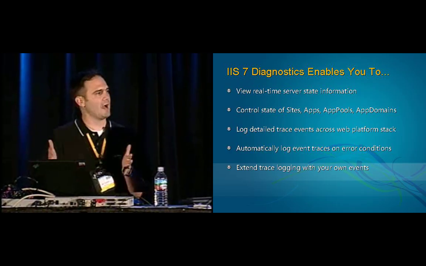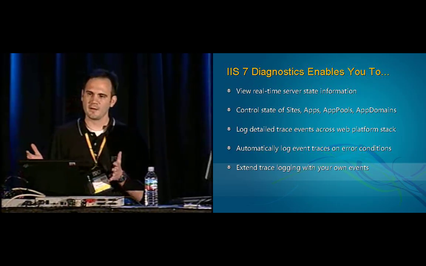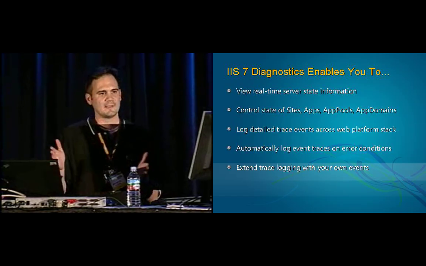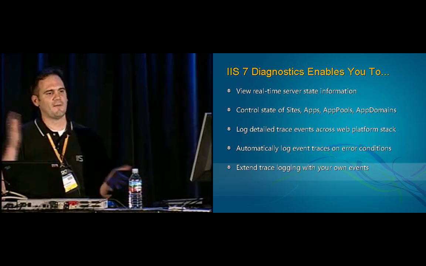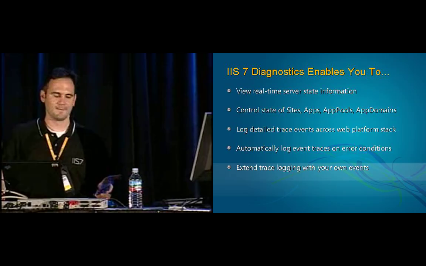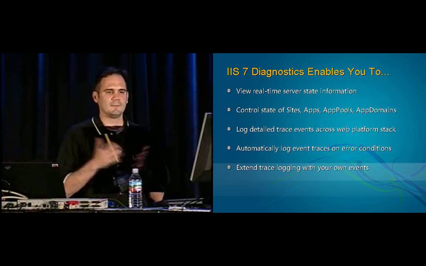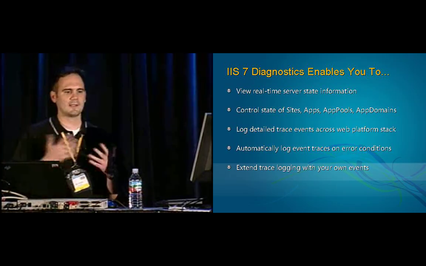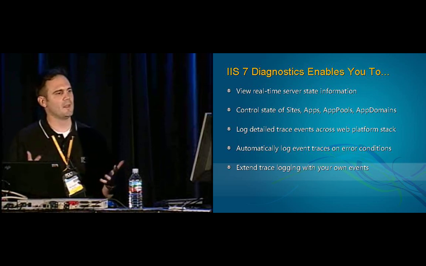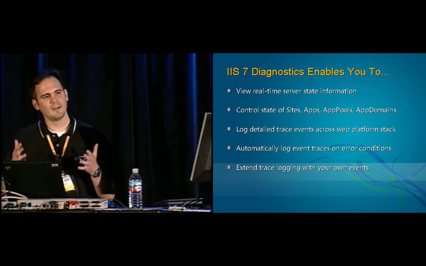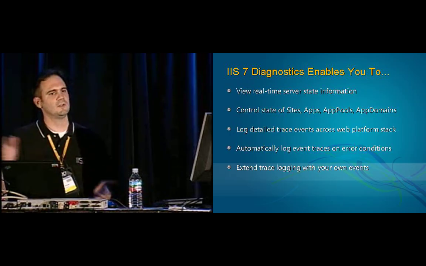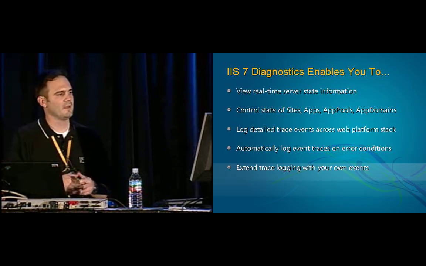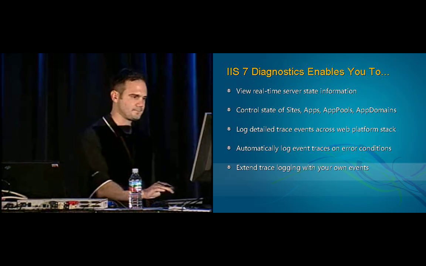And IIS will look out for random server 500 errors, and anytime it sees one, it will automatically log that detailed trace event stack of everything that happened during the request path. You can also do it based on time. So if you see requests starting to time out from time to time, you can say, hey, IIS, if you ever see requests come in that take longer than a minute, log that detailed trace stack so you can see exactly where in the request path the request is hanging.